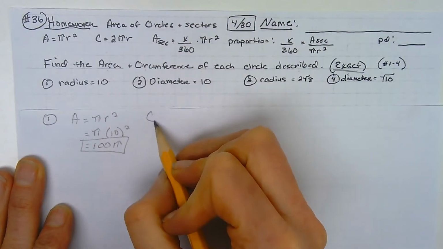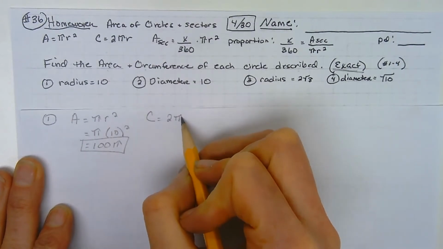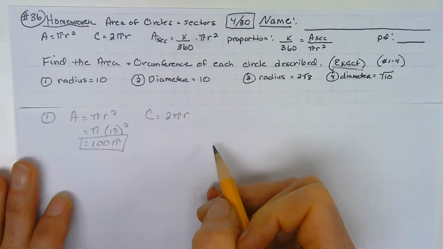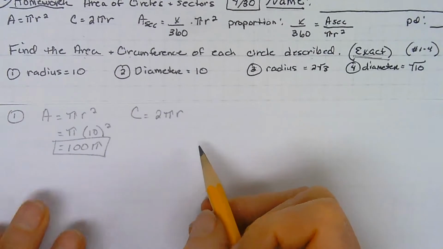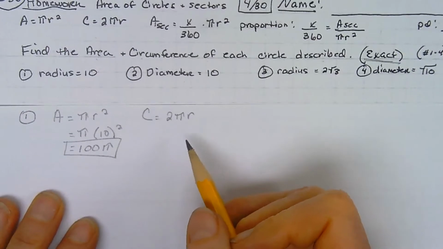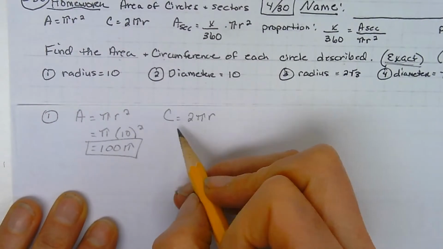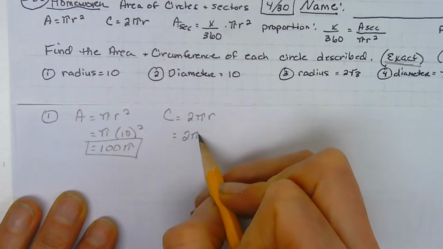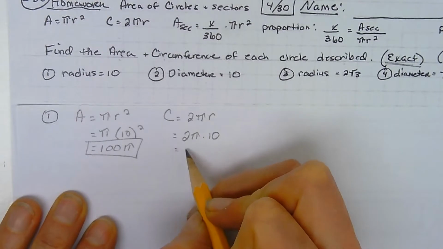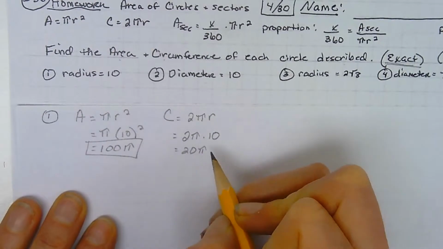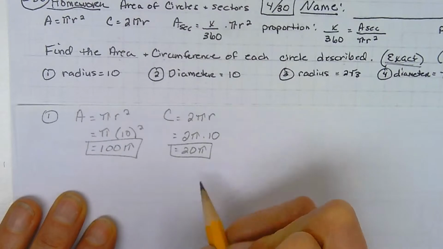The circumference is equal to 2 pi r. This is still number 1. So the radius is 10. 2 pi times 10, that's 20 pi. The circumference is equal to 20 pi.